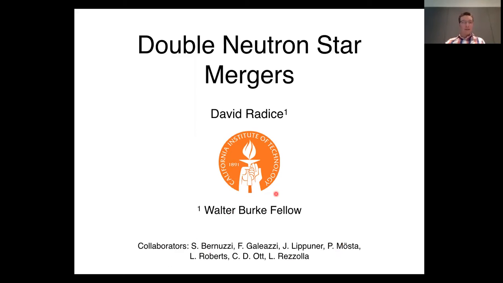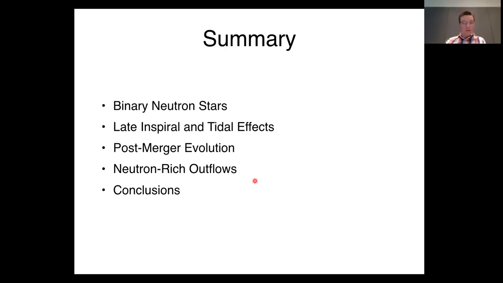So let me start with a brief summary. I will start with a brief introduction: what are binary neutron stars? This is just to get everybody on the same page. Then I'm going to focus on one typical binary as it inspirals and merges, and we're going to look at it through its history.